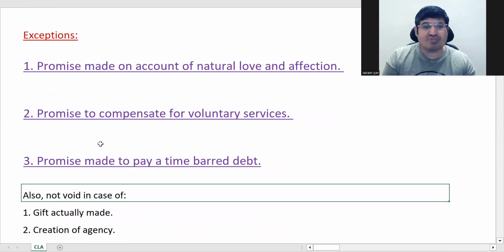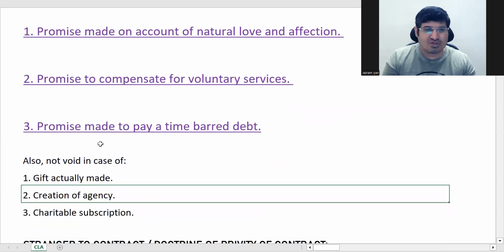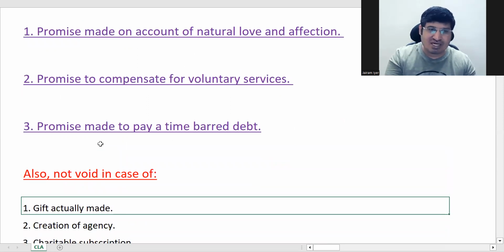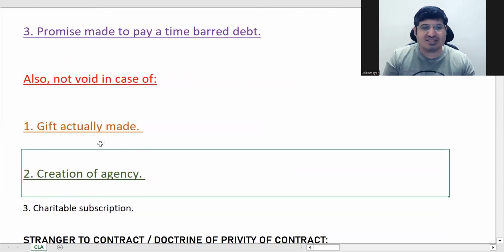Promise made for a time barred debt, correct? This also we have seen. It is also not void in case of gift and creation of agency. In agency, when you create an agency, no consideration is required. Only when the work in agency starts, that time you are bound to give consideration.